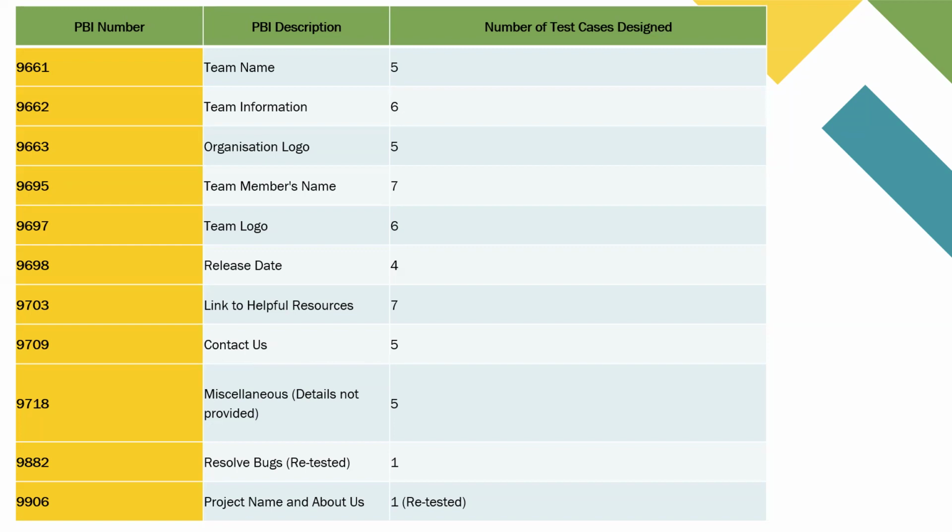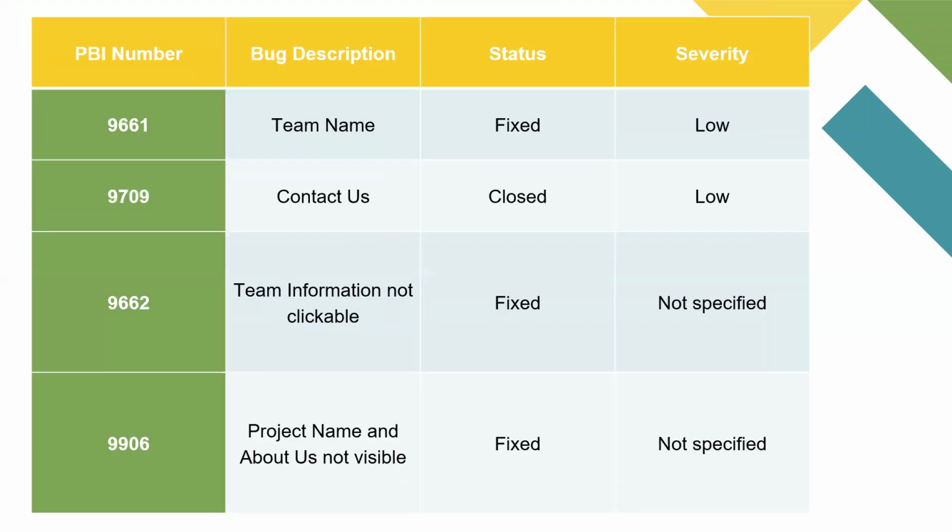And then from there, we move on to test case creation. Once the user stories have been created and committed, the developer moves them into in-dev, and once the developer is done, the QAs move it from in-dev to in QA, and then we start executing our test cases.